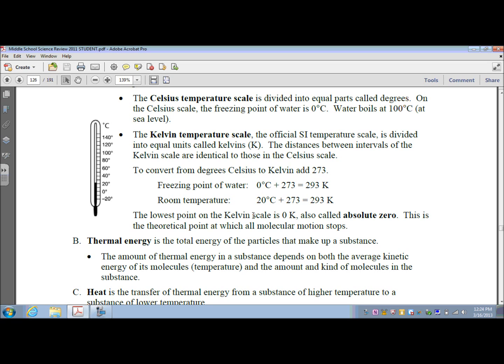Room temperature, which is 20 degrees Celsius, if we add 273 to it to convert it, the room temperature in kelvins is 293 Kelvin, and this is correct. The lowest point on the Kelvin scale is 0 kelvins, also called absolute zero. This is the theoretical point at which all molecular motion stops.